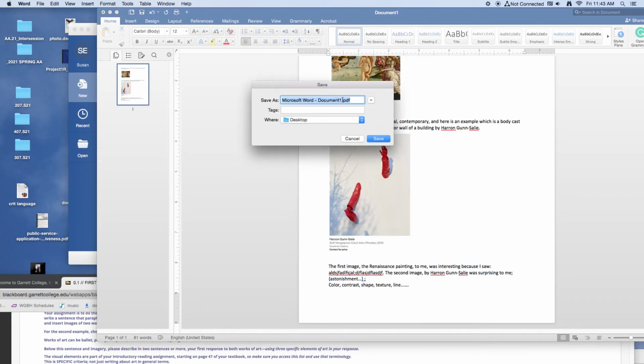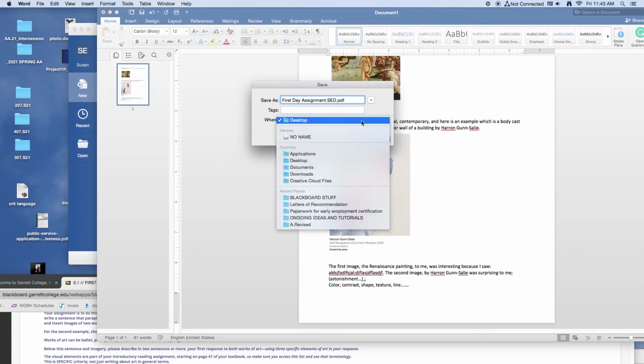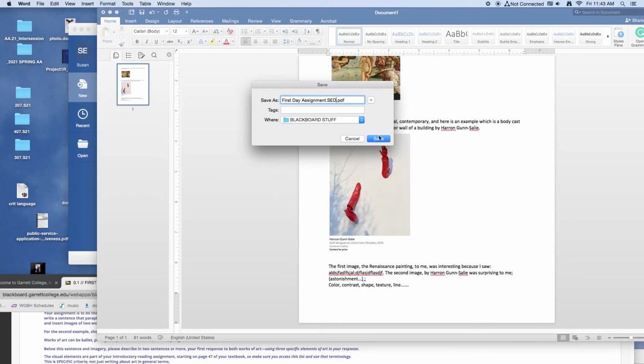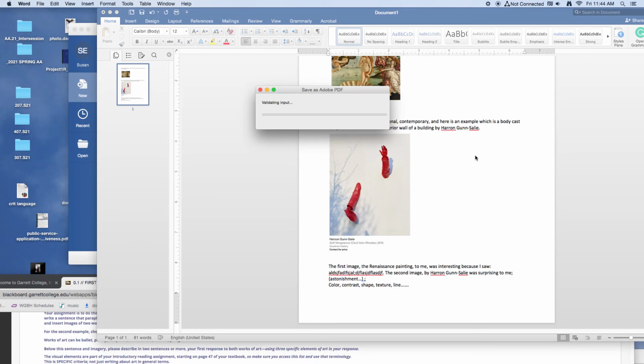Okay, I'm going to save it as, okay, call it what it is. First day assignment, actually. First day assignment. Putting my initials in there. Okay, where on the desktop? I've been putting stuff in here lately. Blackboard stuff. Okay, save. Alright, there it is.